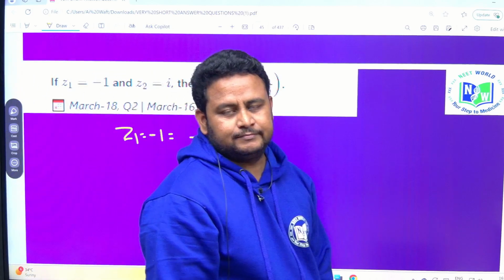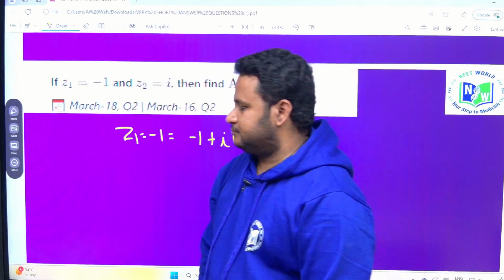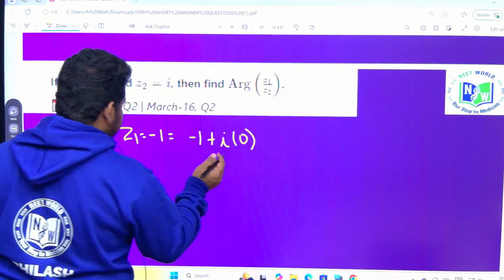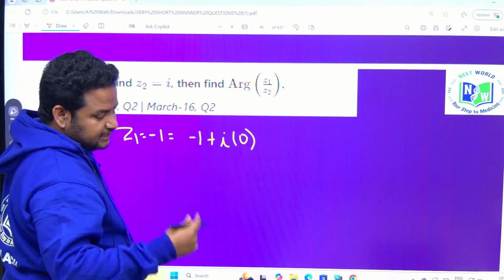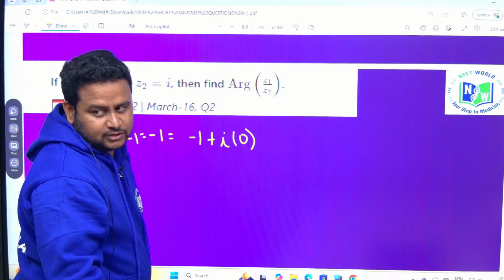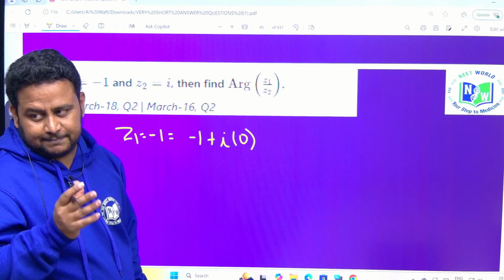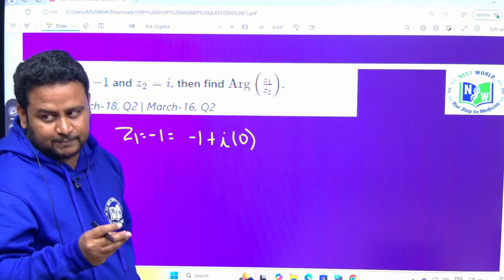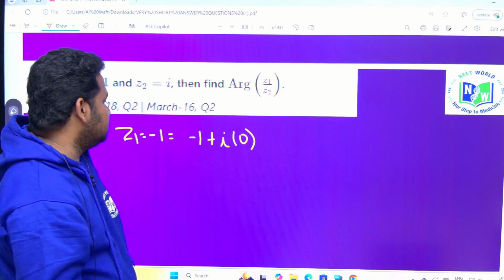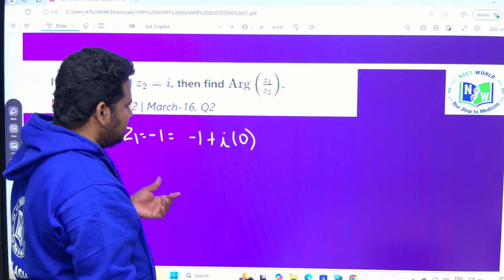All of you think. Cos of what will give you minus 1? So I can write this as cos pi is minus 1 and sin pi is 0. Okay, sin of any n pi is 0, sin of 1 pi, sin of 2 pi, sin of 5 pi, any pi is 0. Cos of odd pi is minus 1.